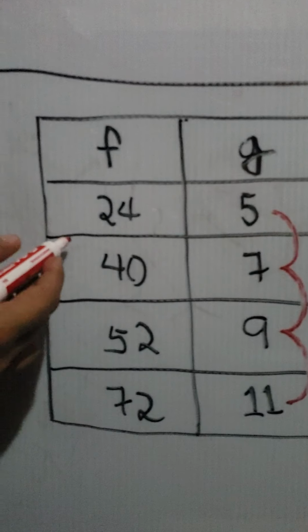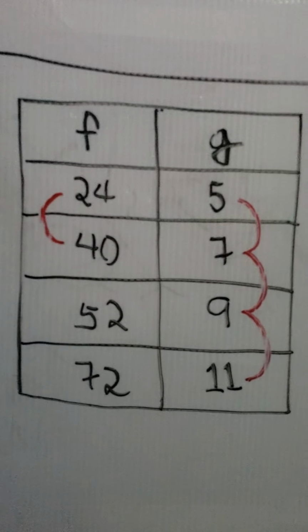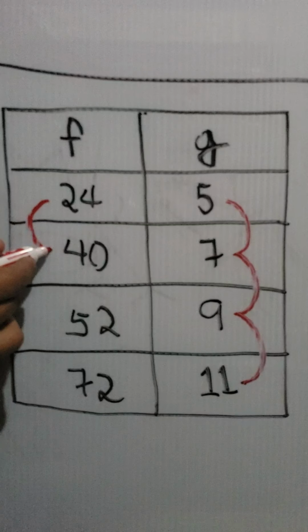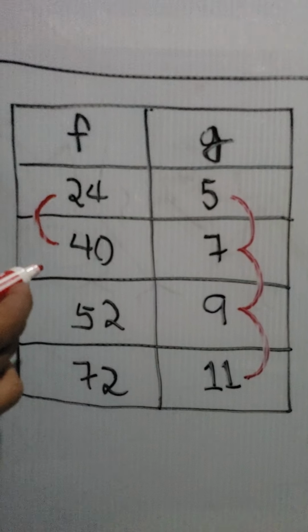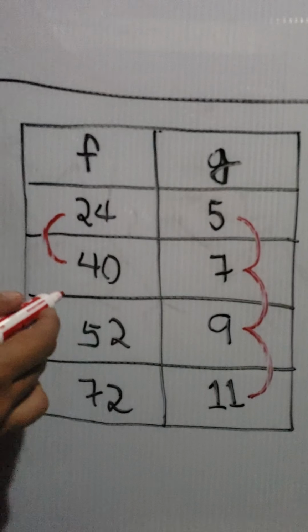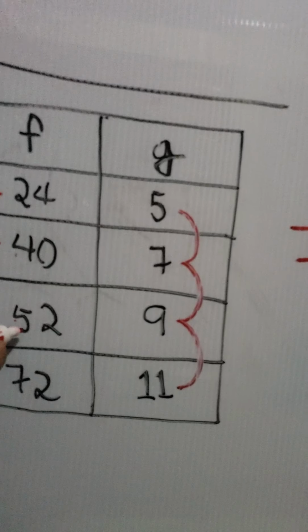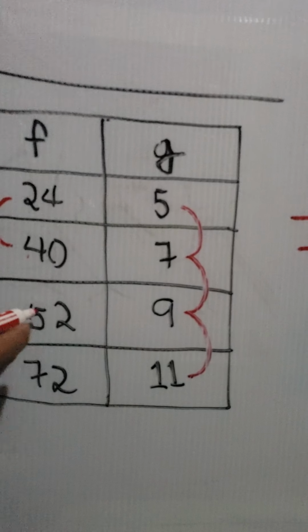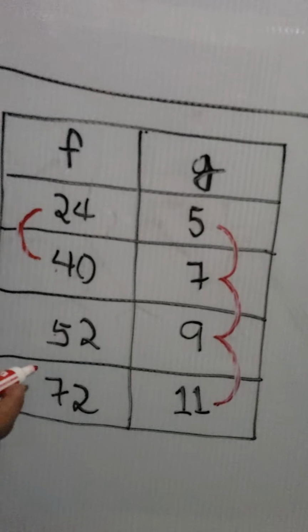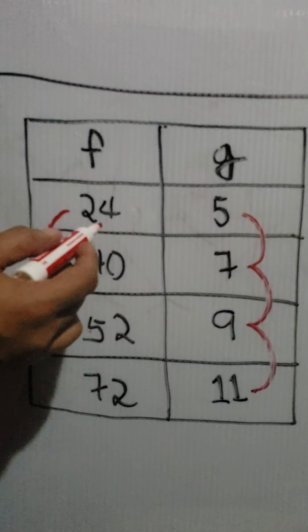Now let's see these numbers. From 24 to 40, 16. Yeah, that would be 16. And from 40 to 52, that would be 18, or another 16. We have a mistake here.